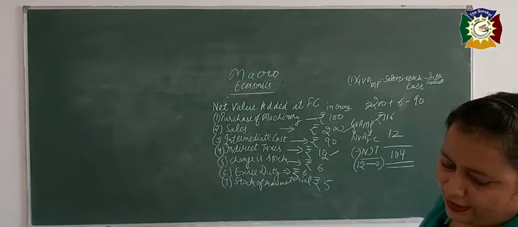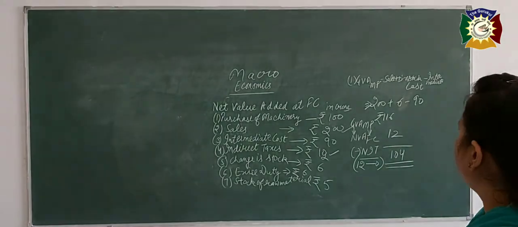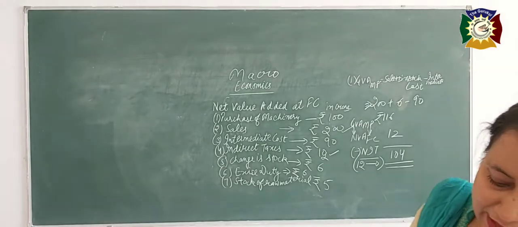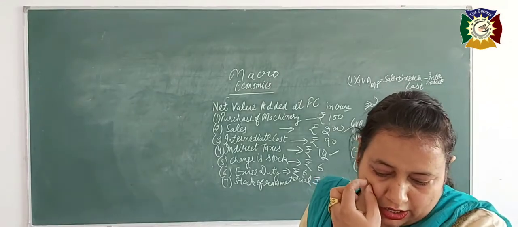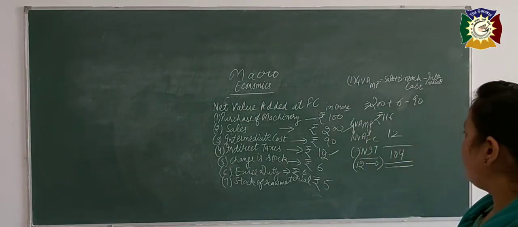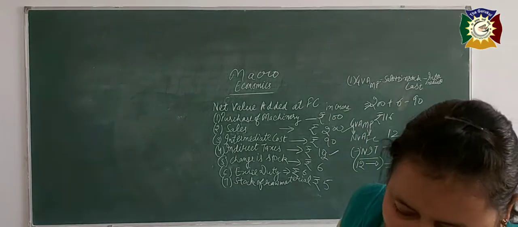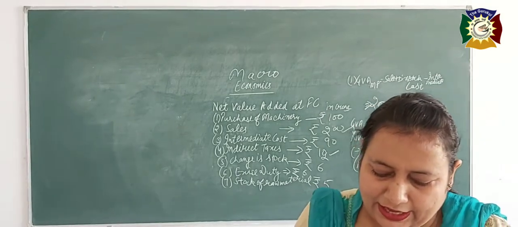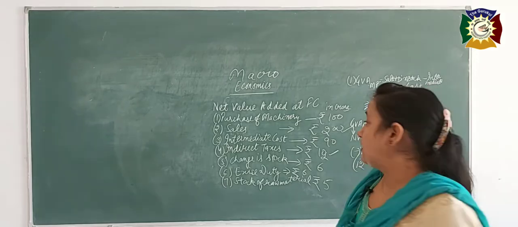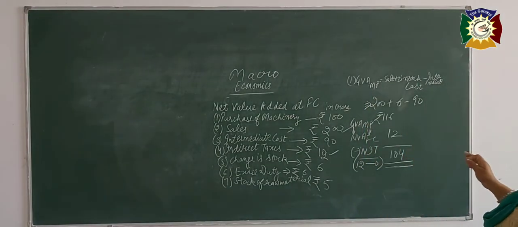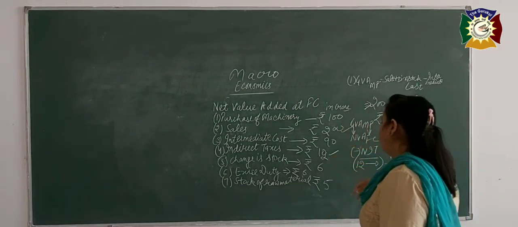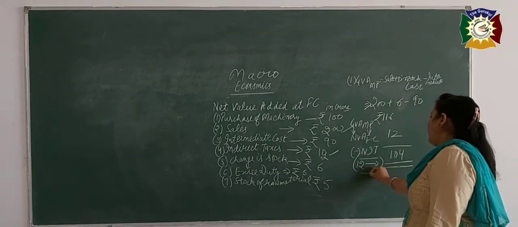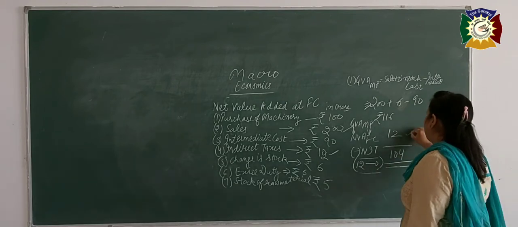Sale 200, change in stock you have taken 6, that is 206 minus 90. What it will be? It will be 116. Then minus indirect taxes, and indirect taxes of rupees how much is given? That is given 12. And what you will do? 12 minus 0, net indirect taxes of rupees 12.